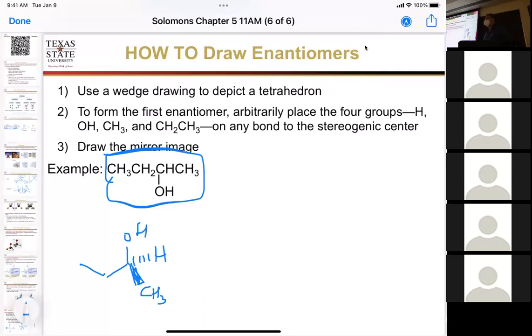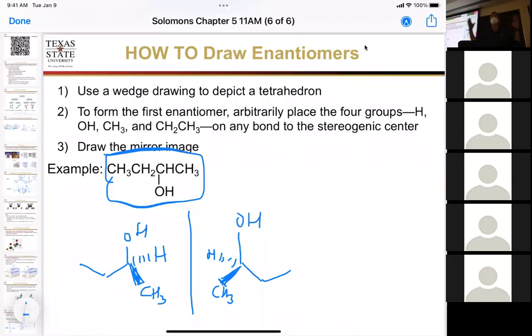So how do I draw the mirror image? Well, the easiest way to draw the mirror image is to start from the mirror and work your way out. So the first thing I see is a CH3. And it still has a wedge right there. Then we have a hydrogen, and it has a dashed wedge. We have our OH, and then we have our ethyl group.